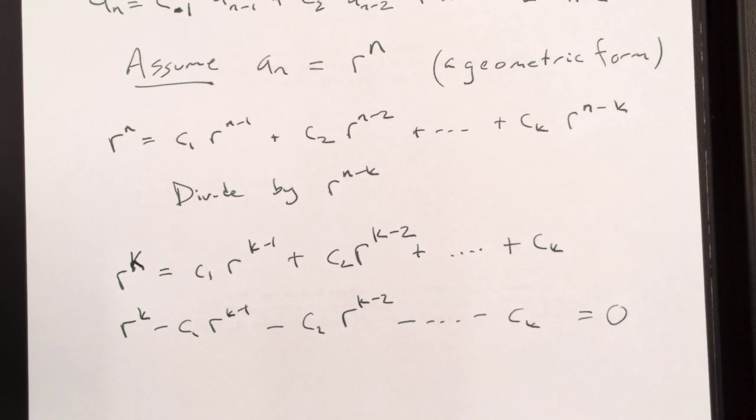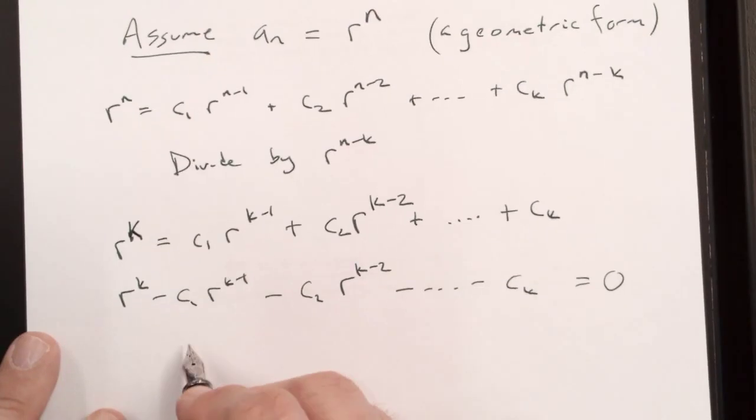What do I have? I have a polynomial in the variable r, not the variable x. But that's an equation, right? It's an equation of degree k. Now I know what I called it. Depth became degree, because this is an equation of degree k. I'm going to call this the characteristic equation.